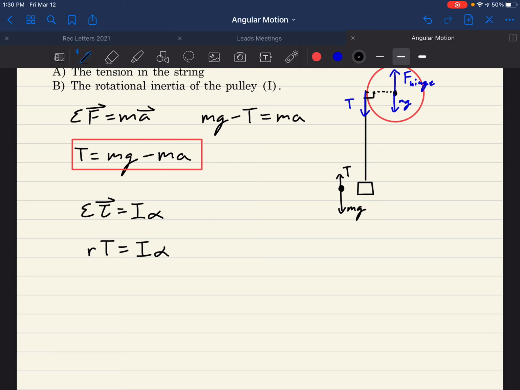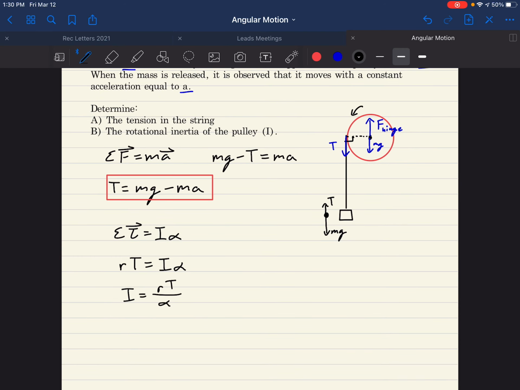And now we want to solve for I, so I equals r times tension over alpha. We don't know alpha, but we know a. And remember, a should be equal to r times alpha.